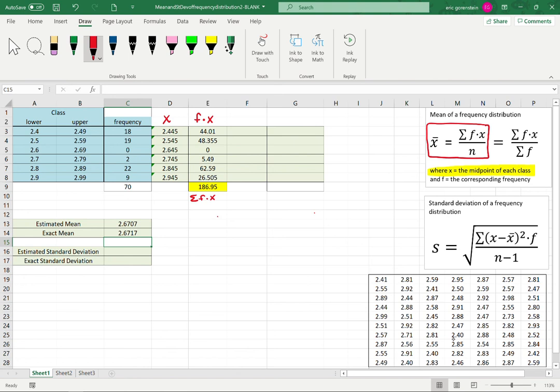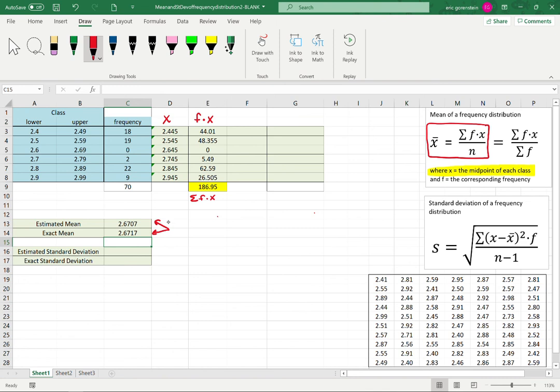And that's one of the benefits of using a frequency distribution. It's much more compact. You're not working with a huge list of raw data values, but you're giving up a little bit of specificity, a little bit of detail, but not that much, because when you look at these two numbers, very, very close to each other.